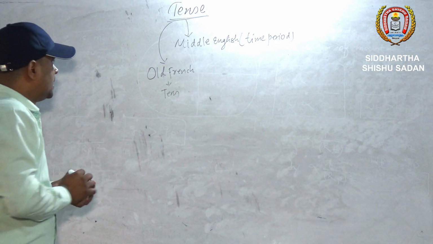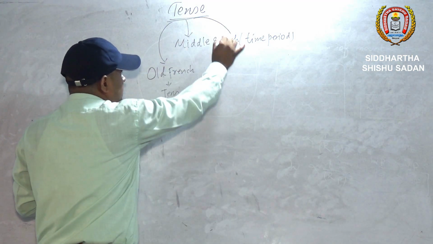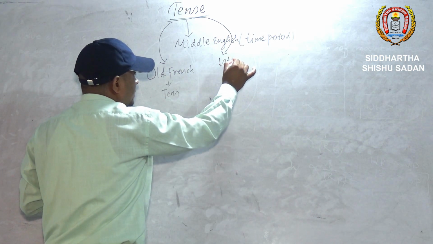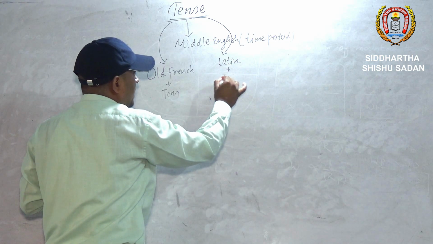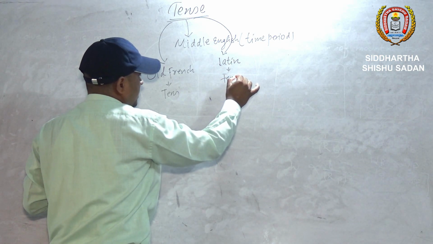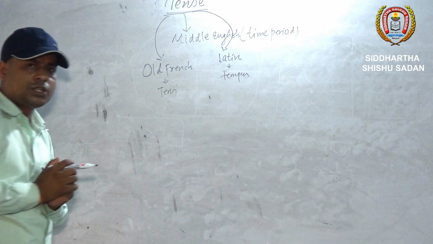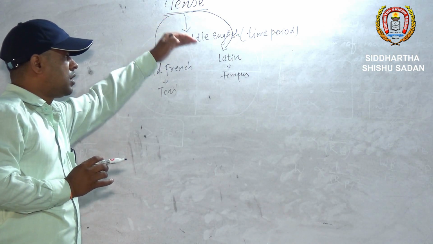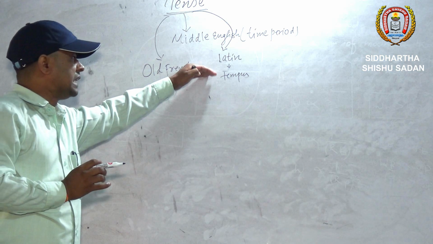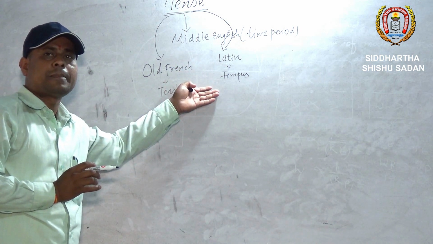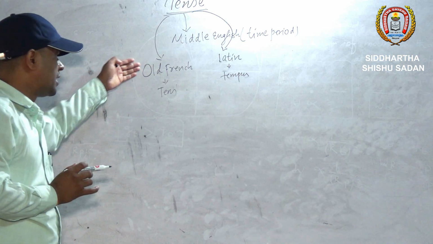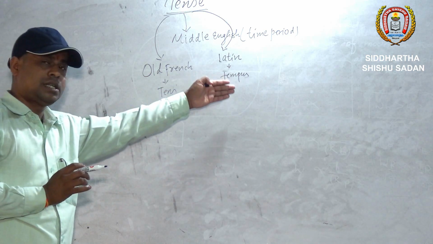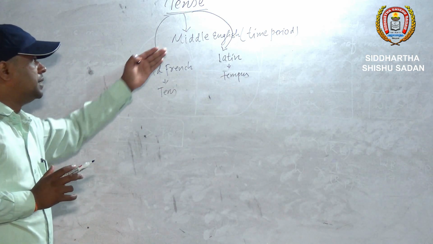At the same time, there was a Latin word, tempus. The word came from the Latin word tempus and the French word tense, T-E-N-S. These both occurred in Middle English.